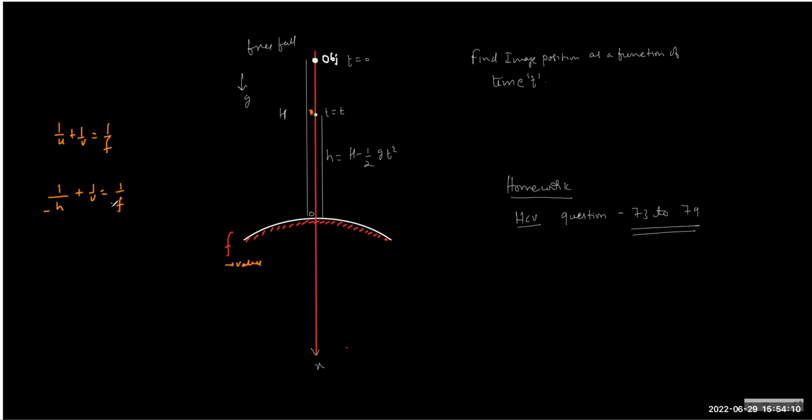Convex. So plus f, right? So we got v equals fh upon f plus h. That's it. You can just write the answer. That's pretty much straightforward.